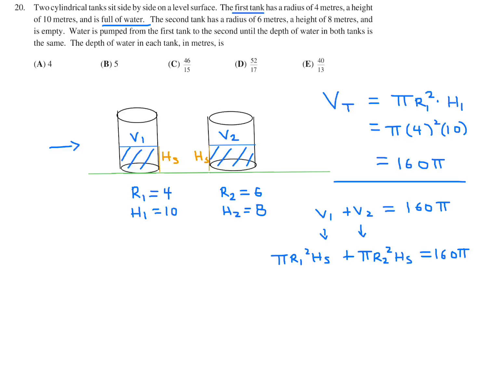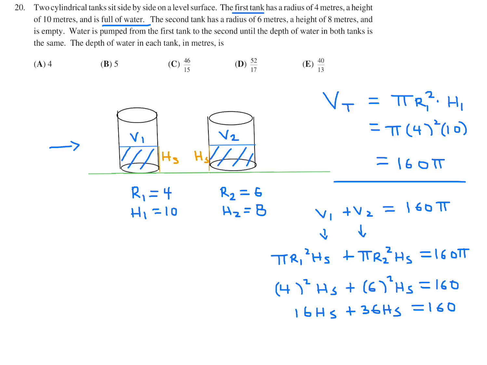The pi's cancel throughout the entire equation. So now we'll just plug in values for R. R1 is 4, HS. R2 is 6, HS. And 160. Okay? So this becomes 16 HS plus 36 HS is 160.